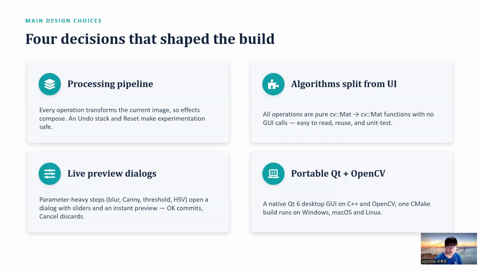That keeps the code clean and, importantly, testable. Third, the parameter-heavy operations open a dialog with sliders and a live preview, so you see the effect before you commit it. And fourth, it's a native Qt6 interface on top of C++ and OpenCV, and the single CMake build runs without any changes on Windows, Mac, or Linux.